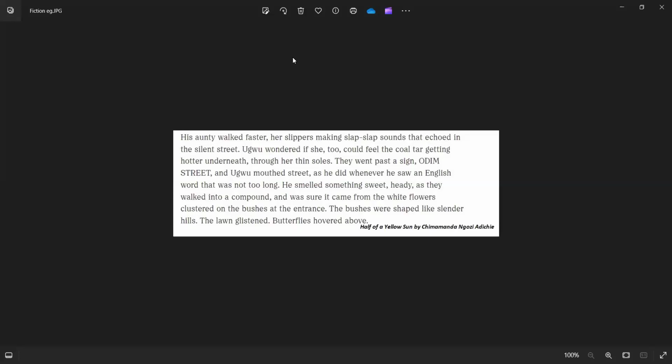The lawn glistened. The bushes were shaped like slender hills. So it's very much a feature of fictional writing. We've got the fictional characters, his auntie and Ugwu. Okay. So any other comments about that?